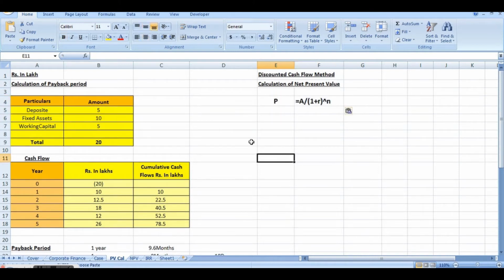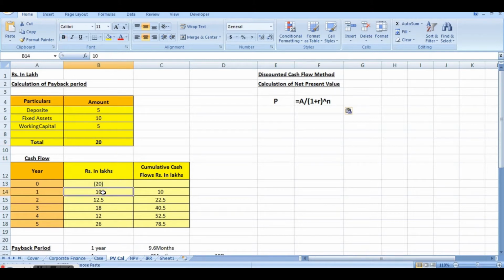Now what data is given to us? First of all, we will simply read that data. We have seen that in the case there is an outflow in year 0 of 20 lakhs. How is this 20 lakh derived? This way: deposit, fixed asset and working capital total comes to 20.